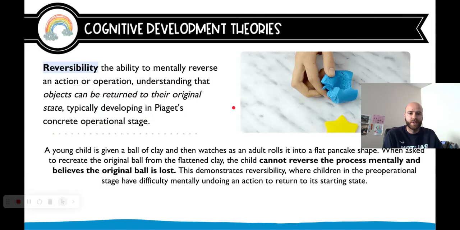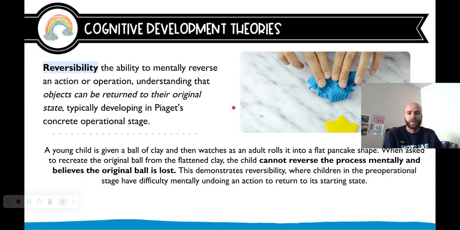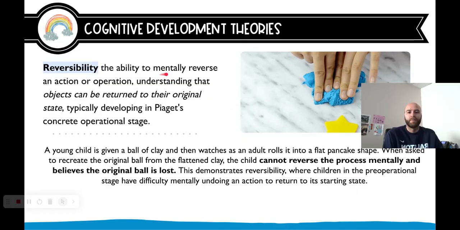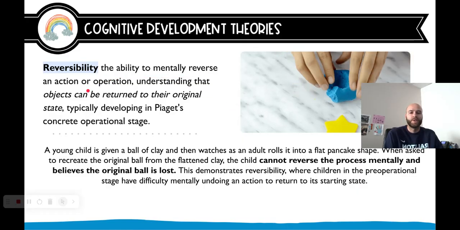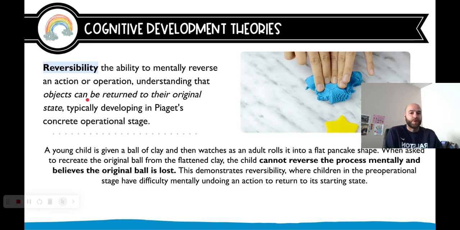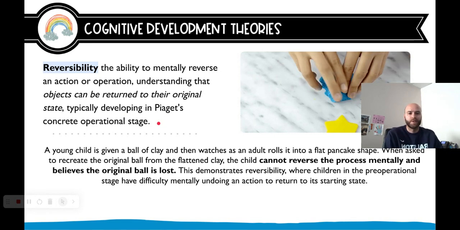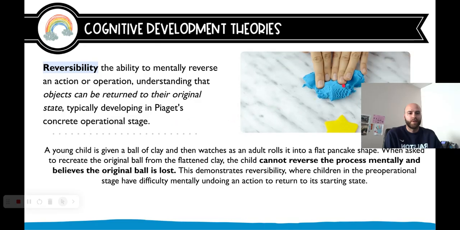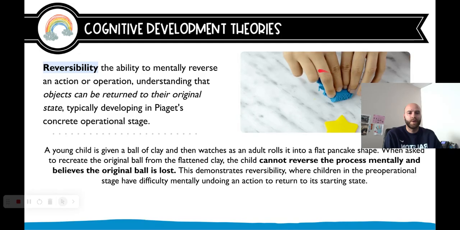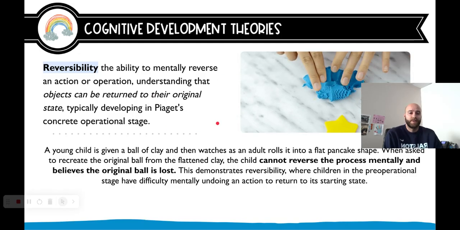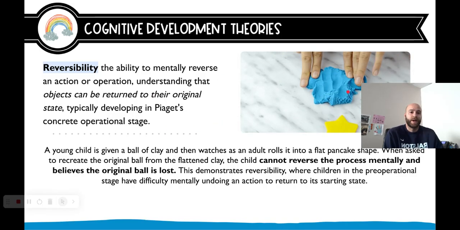Another thing in this stage, reversibility. They start to understand that they can mentally reverse an action or an operation. Objects can be returned to their original state. Typically, this develops in the concrete operational stage. For example, if you take a piece of Play-Doh and you push it out into like a pancake, essentially, before this stage, kids are not going to believe that it can go back to what it was, right?